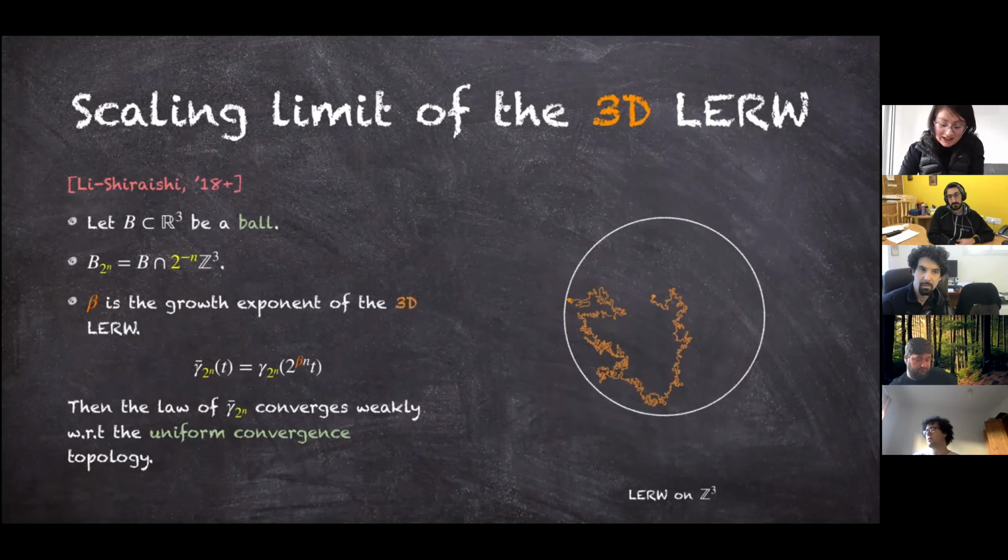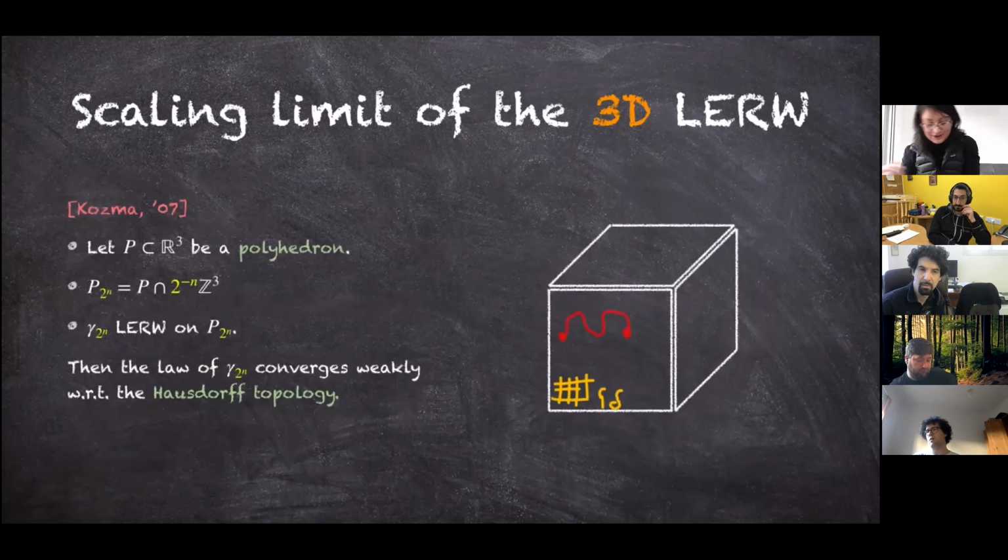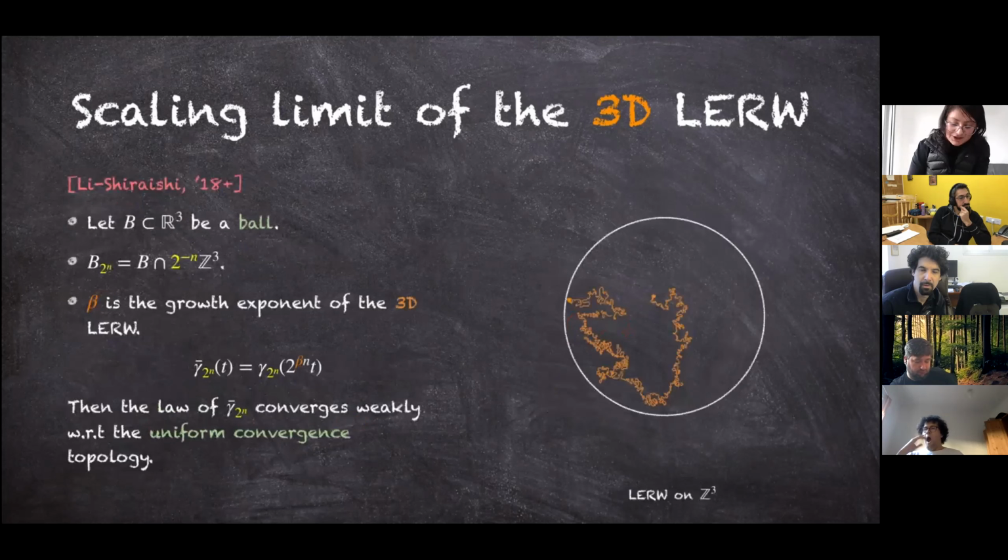So for the parametrization, first I want you to compare, this is for the Hausdorff topology, but now I want to consider uniform convergence for the curves. And this one is, as far as I know, only for dyadic scalings, because you need more precise estimates on the probability that a path of your loop-erased random walk passes through a particular edge.